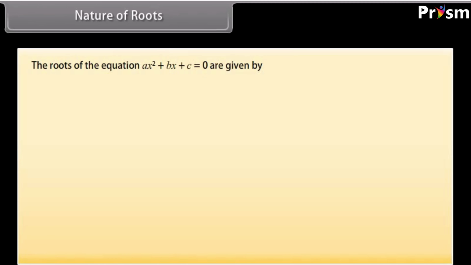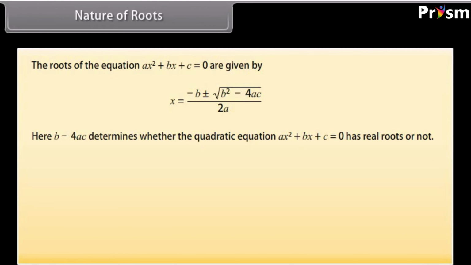Nature of roots. The roots of the equation ax² + bx + c = 0 are given by x = (−b ± √(b² − 4ac)) / 2a. Here b² − 4ac determines whether the quadratic equation ax² + bx + c = 0 has real roots or not. b² − 4ac is called the discriminant of the quadratic equation. 1.